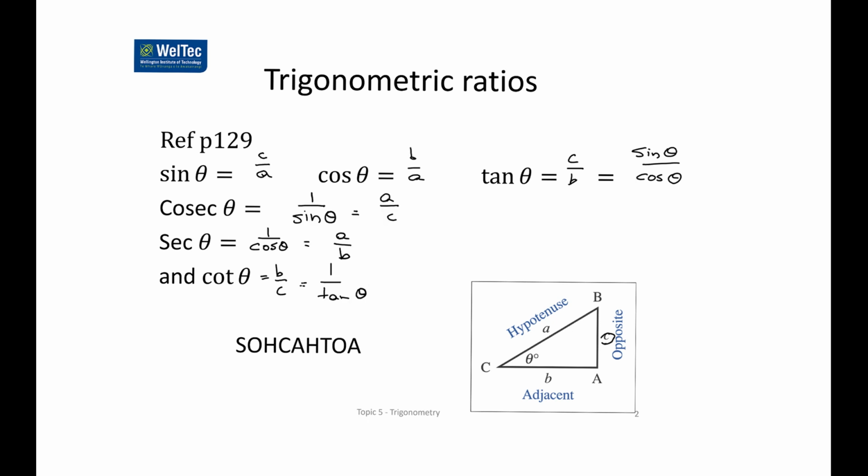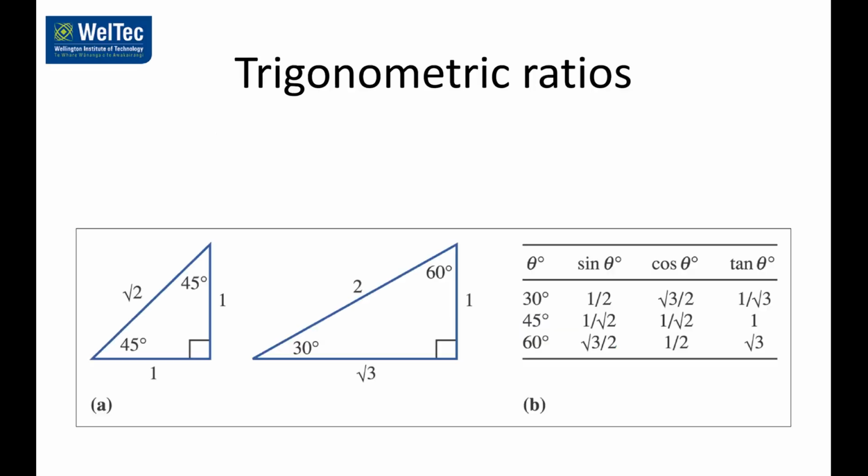And if you want a mnemonic to remember that, it's SOHCAHTOA. Sine is opposite over hypotenuse, cosine is adjacent over hypotenuse, and tan is opposite over adjacent. It's a good idea if you remember these two basic triangles, an isosceles triangle 1, 1, root 2, which has two 45-degree angles, and the other one that has angles 30, 60, 90, because it's just quicker to remember.